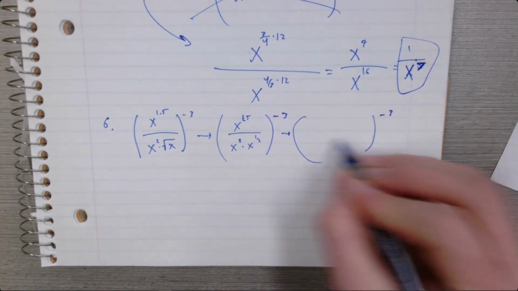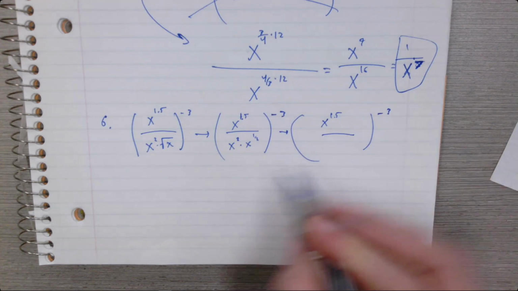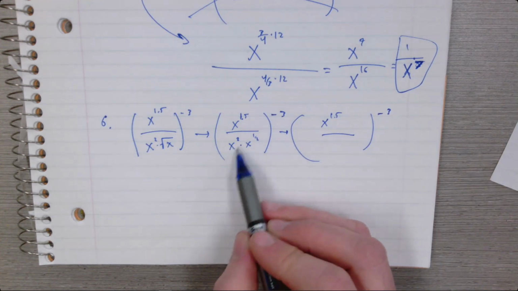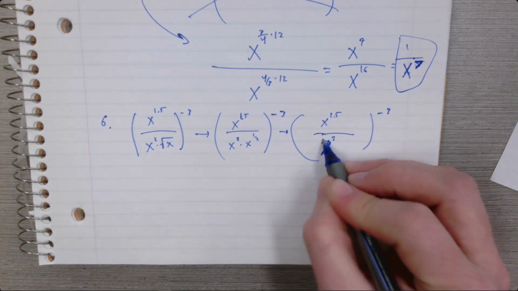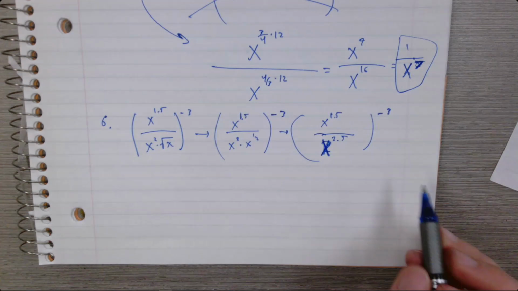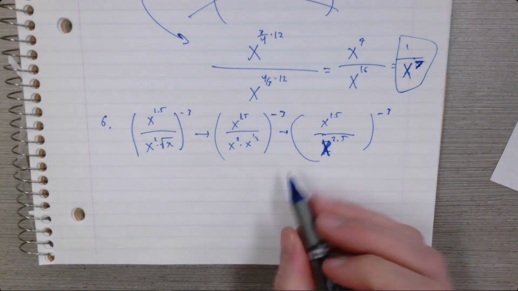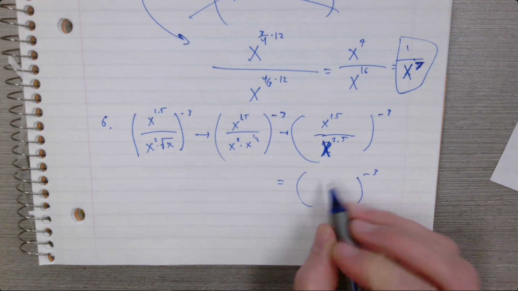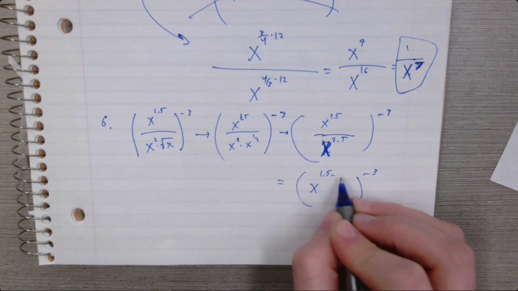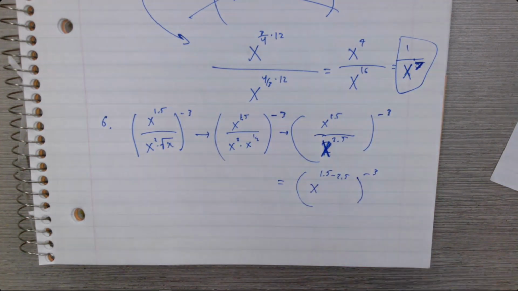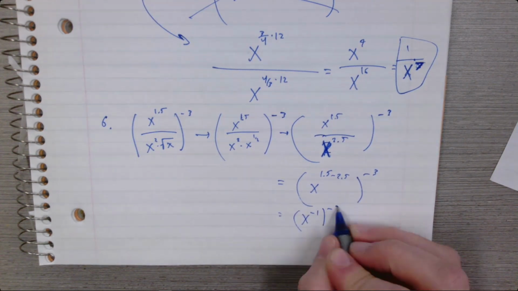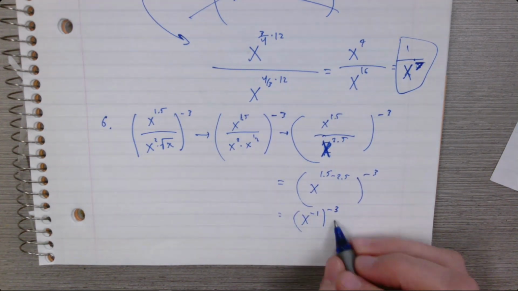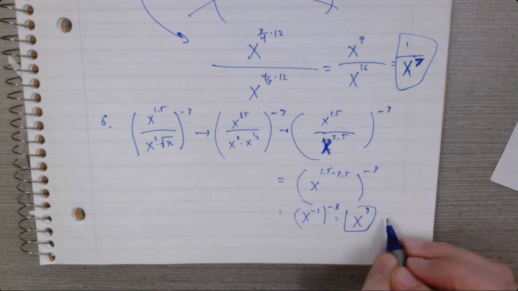So that's the same thing as x to the 2.5, because I added the 2 and the 1/2. So now I've got x to the 1.5 minus 2.5. So that's the same thing as x to the negative 1. And that's being raised to the negative 3, so that's the same thing as x cubed. Yay.